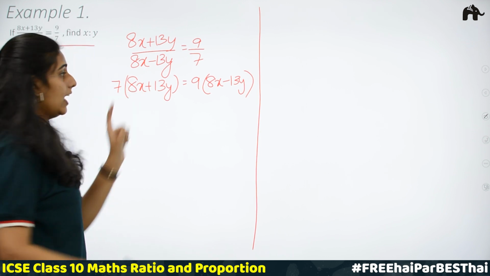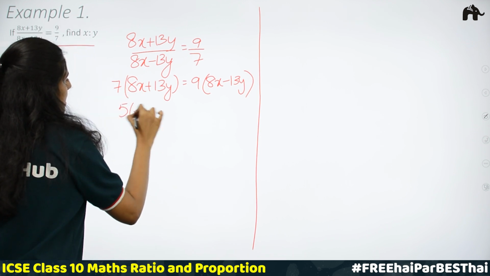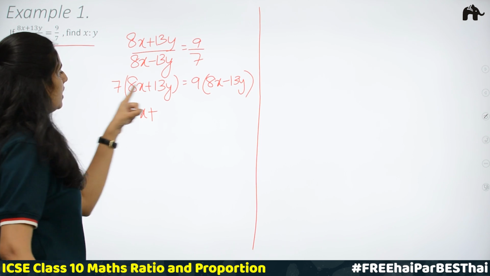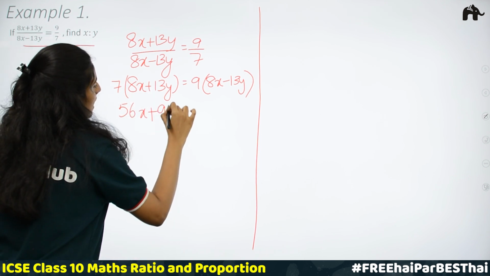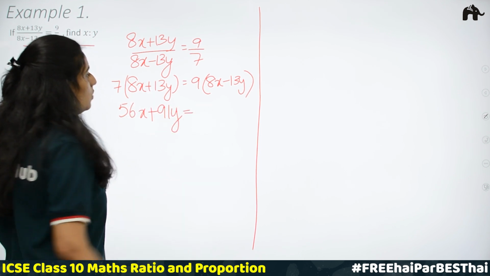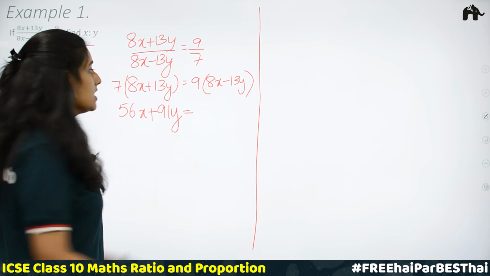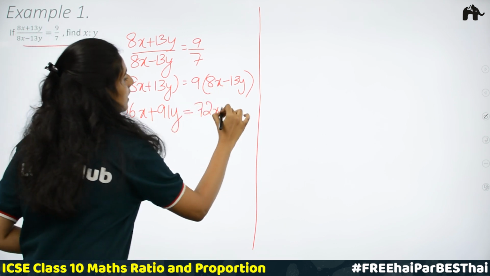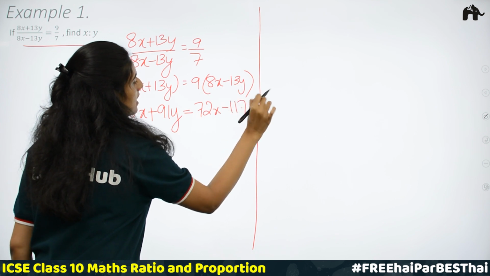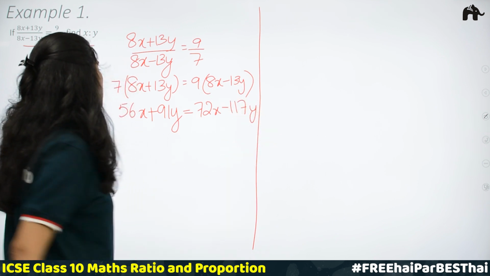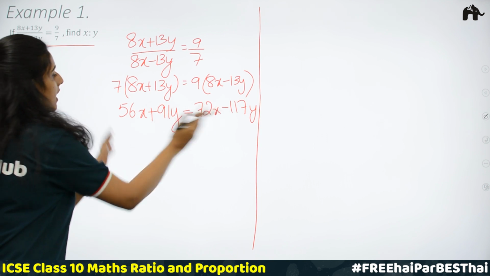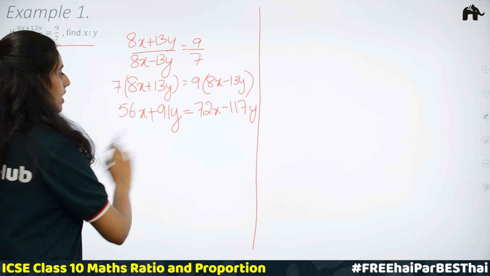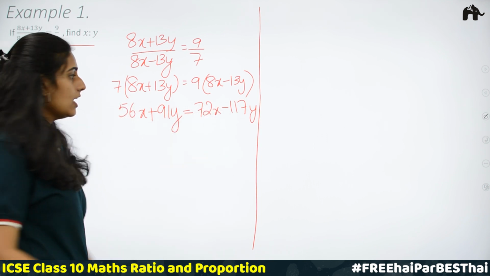7 into 8, we get 56x plus 7 into 13, that is 91y is equal to 9 into 8, 72x minus 9 into 13, 117y. Okay. Next step, taking x containing terms to one side and y containing terms to the other side.